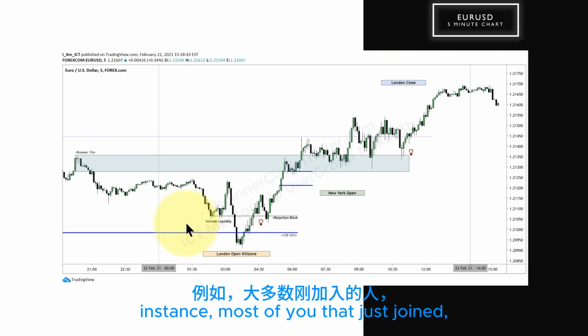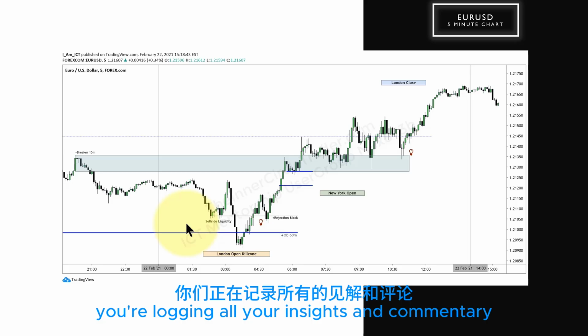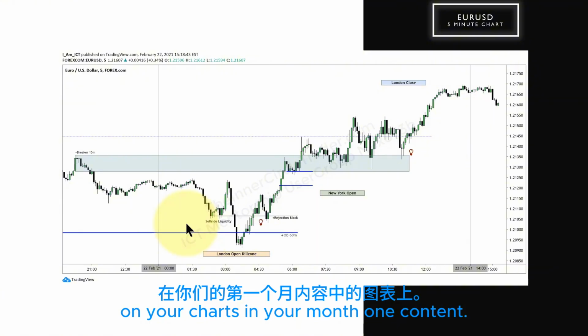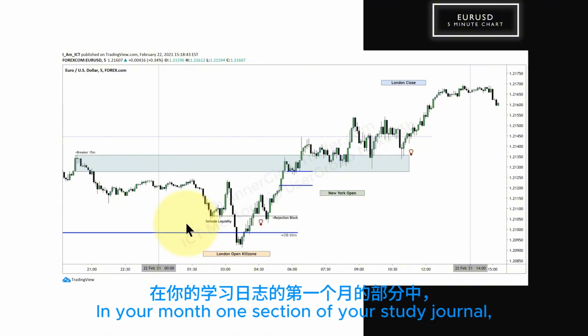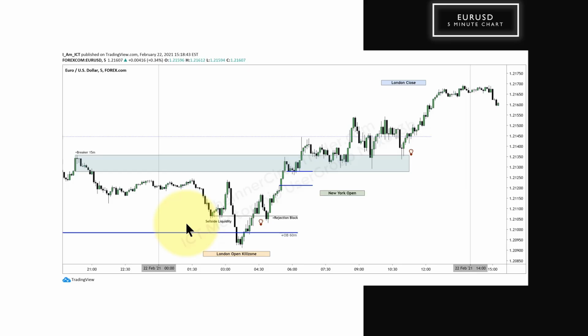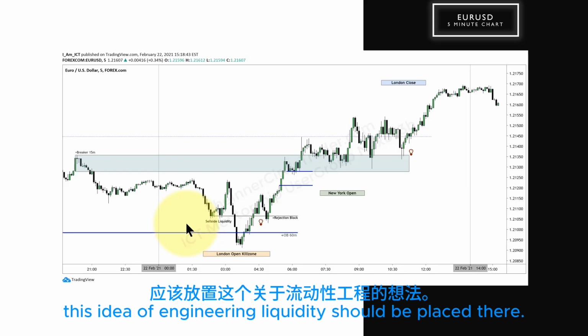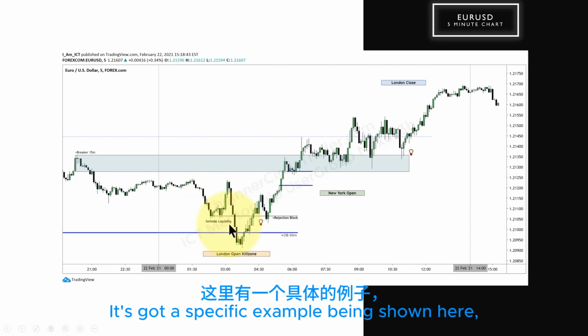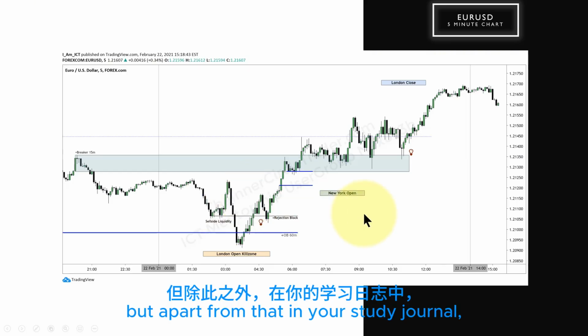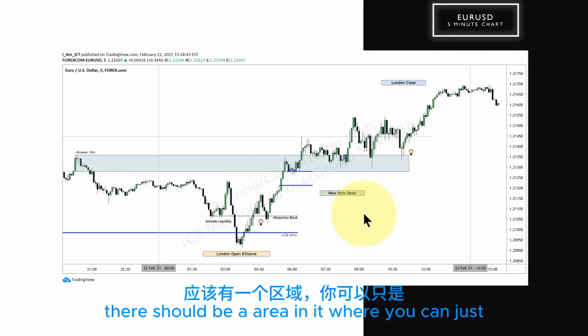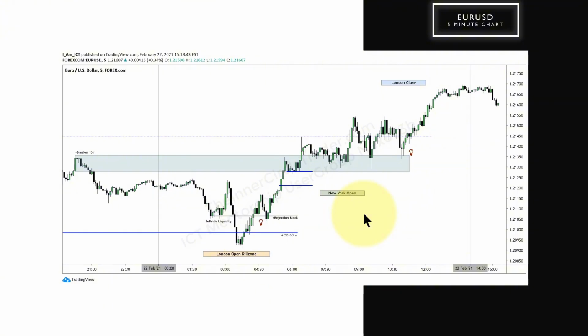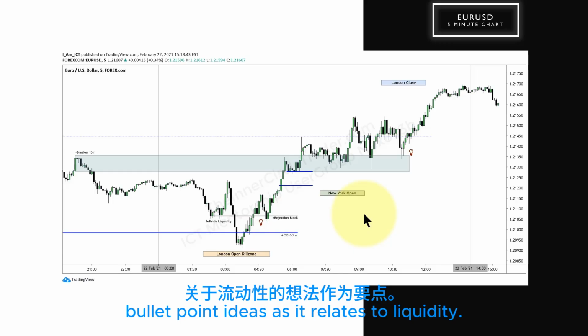Like, for instance, most of you that just joined, you're logging all of your insights and commentary on your charts in your month one content. So in your month one section of your study journal, this idea of engineering liquidity should be placed there, and it's got a specific example being shown here. But apart from that, in your study journal, there should be an area in it where you can just annotate bullet point ideas as it relates to liquidity.